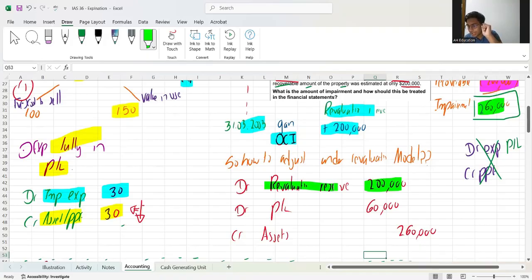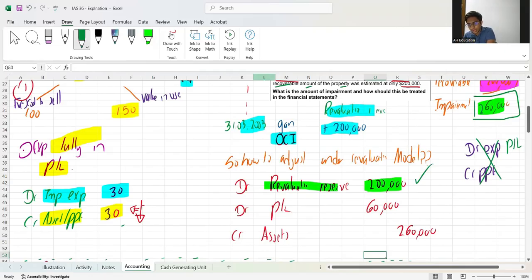If there is a gain, then this impairment will be set off against that opening balance gain. So in this particular question, we saw that there was an opening revaluation gain of 200,000. So our impairment of 260,000 will be set off against this.